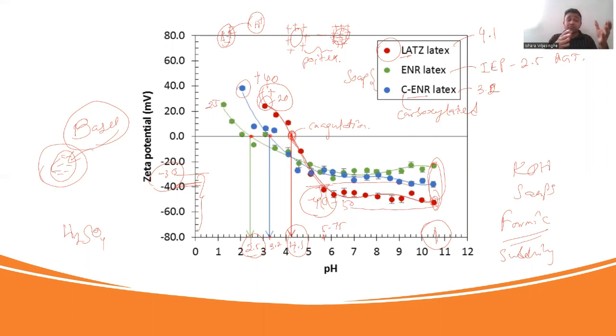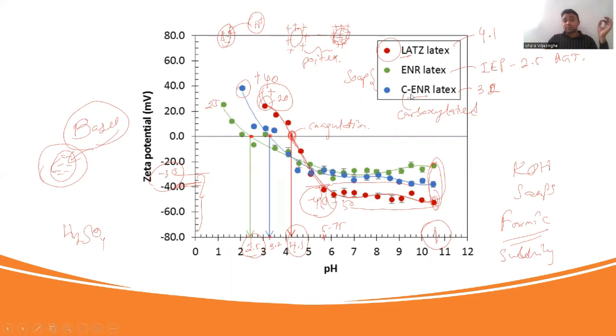This is measured for liquid colloidal systems, or solid liquid colloidal systems. Our rubber particles are solid, available in the latex water phase. It is an emulsion. Once all the rubber particles are coagulated, it is no longer an emulsion.